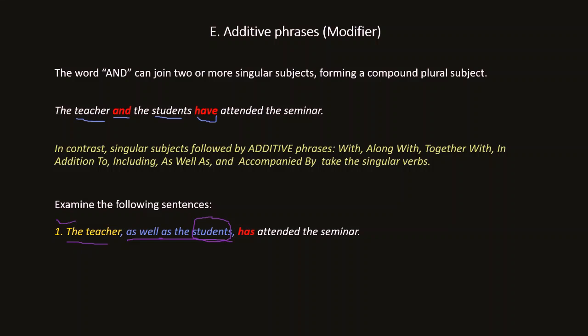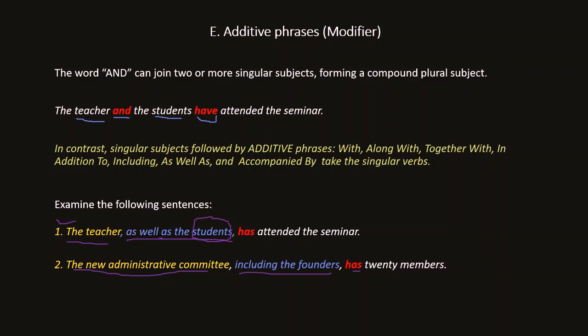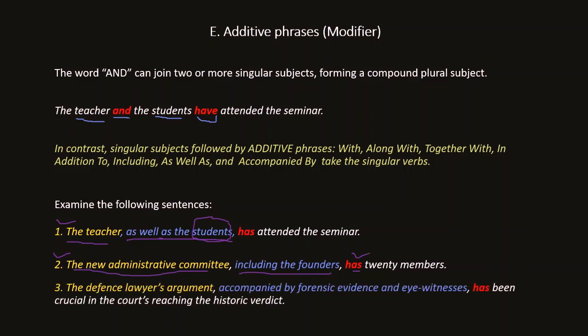Look at one more example. The new administrative committee, including the founders, has 20 members. In this case, the subject is the new administrative committee and the verb is singular. Finally, the defense lawyer's argument, accompanied by forensic evidence and eyewitness, has been crucial in the courts reaching the historic verdict.